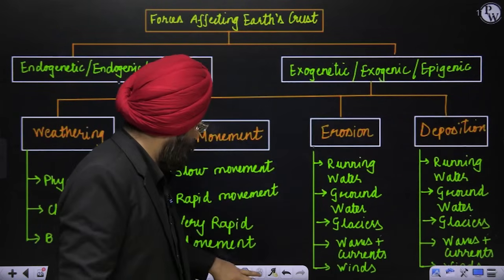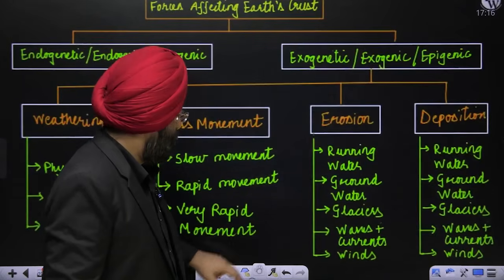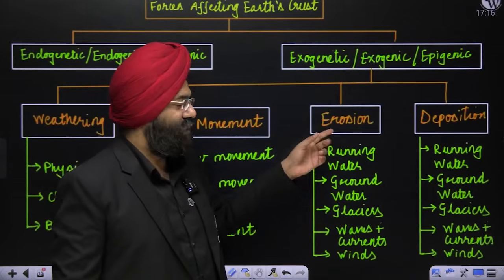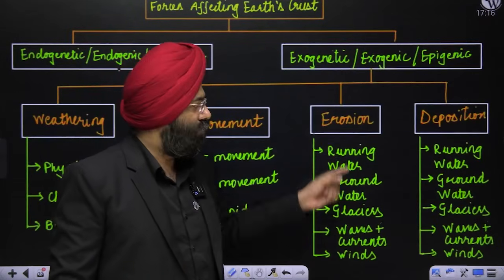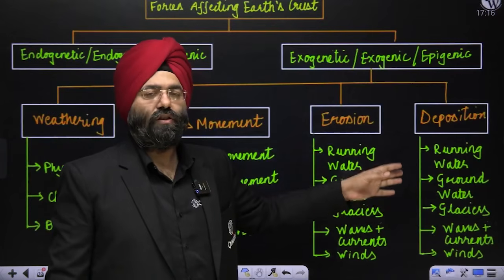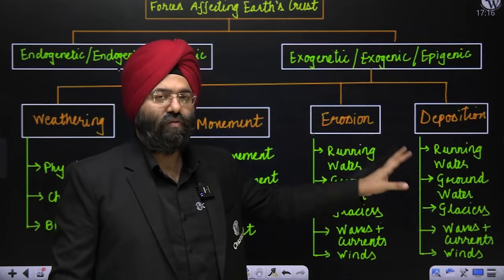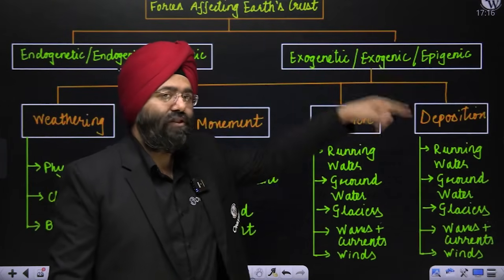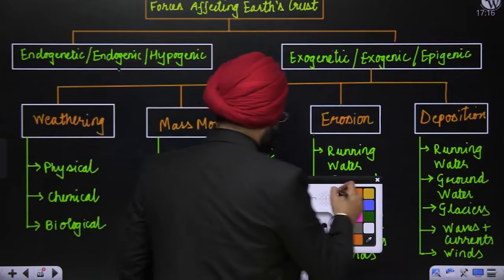So please understand this very well, that over here these are erosional agents also, geomorphic agents also, and depositional agents also, which are depositing a lot of things, which we will be studying in the next chapter. Please understand this.